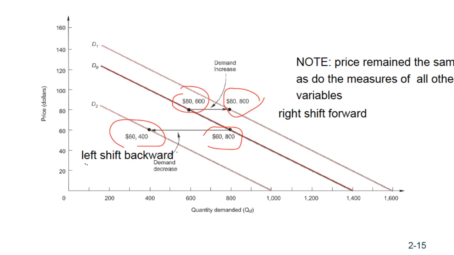Now I made a parallel shift, but at different prices that shift doesn't have to be parallel. At different prices and quantities, a change in income doesn't have to be a parallel shift all the way down.